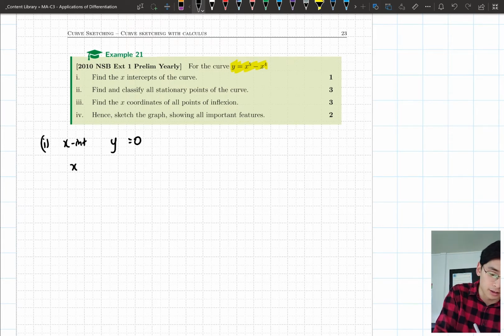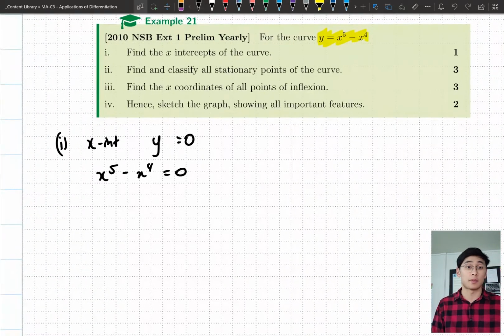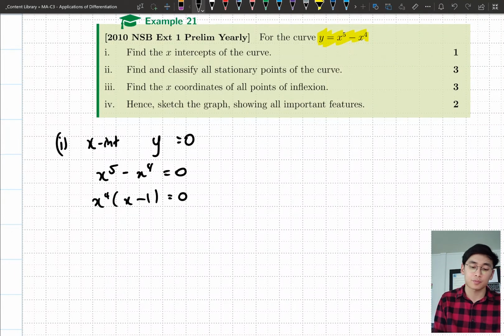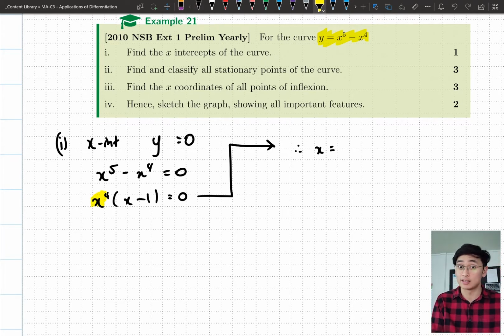So here, my function is x to the power 5 minus x to the power 4 is equal to 0. I can start by factorizing out a common term. If you have a look at both of these terms, I can take out an x to the power 4. So I'm going to factorize out x to the power 4, and I have x minus 1 remaining. Using this, I just need to solve my factors. Well, I've got this x to the power 4 out the front, which means the solution to that is 0.